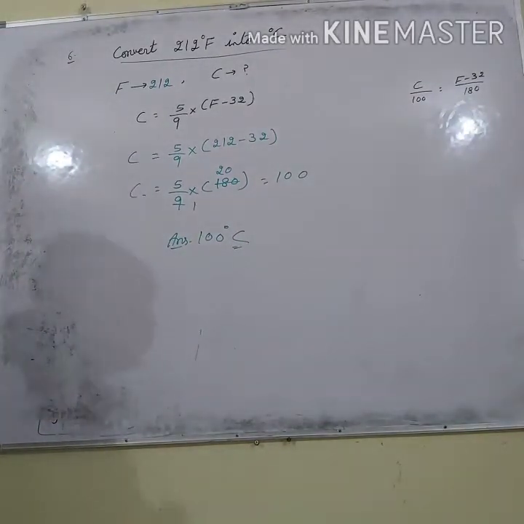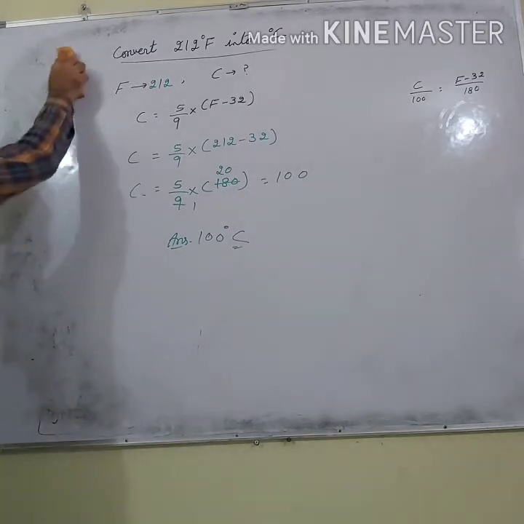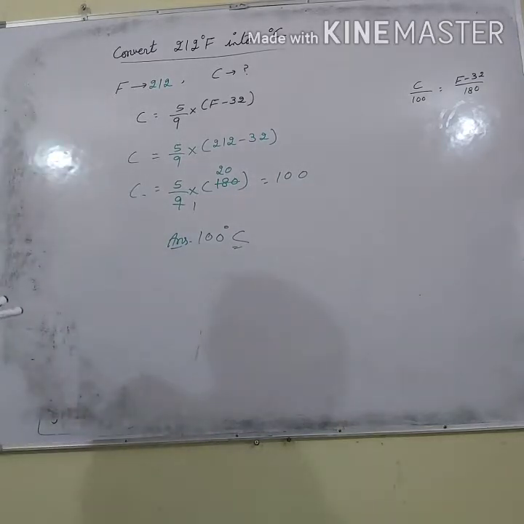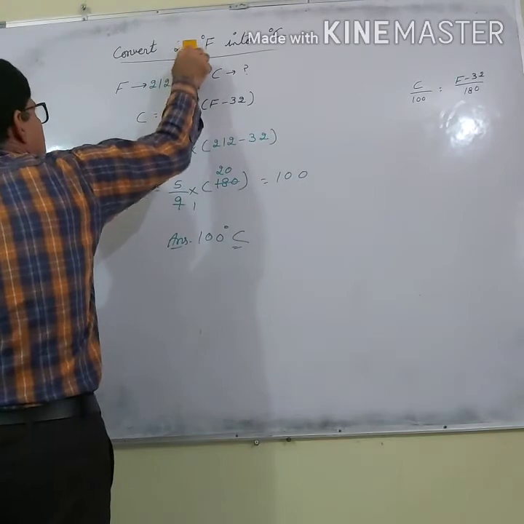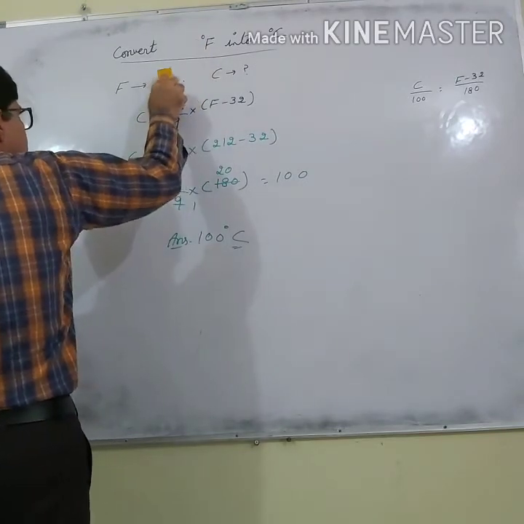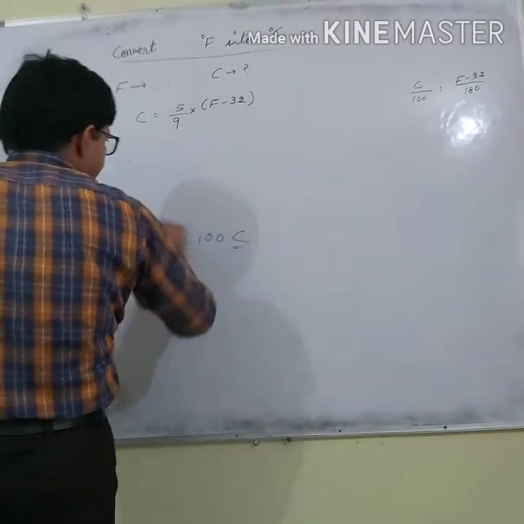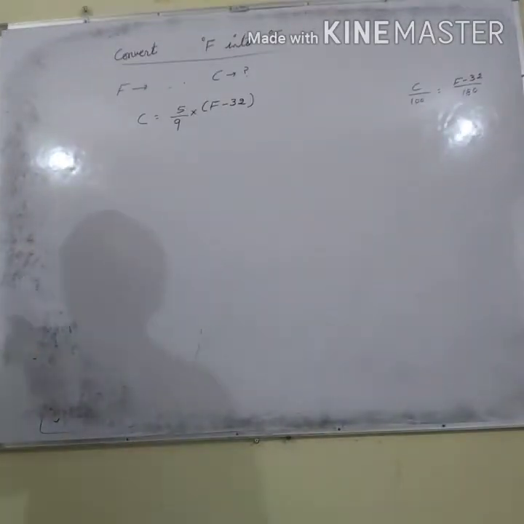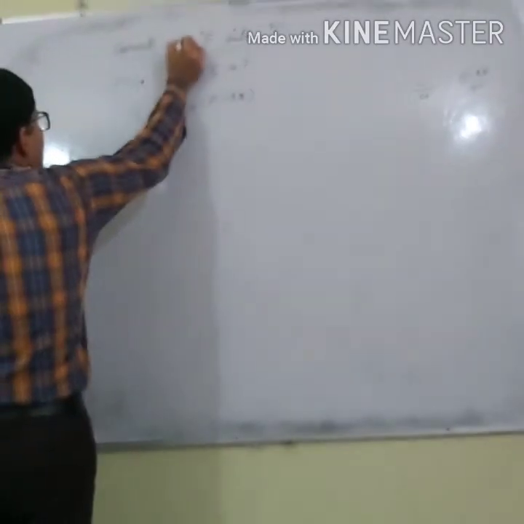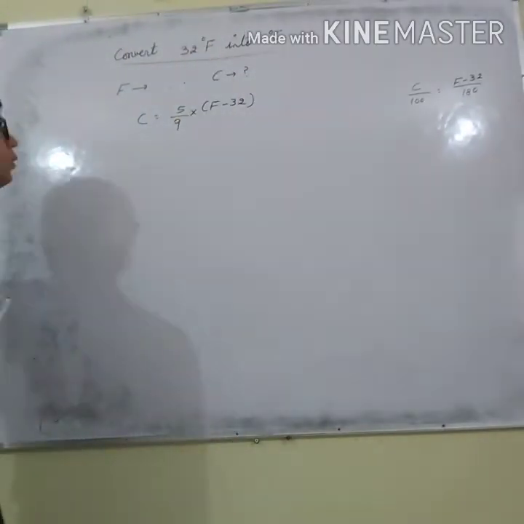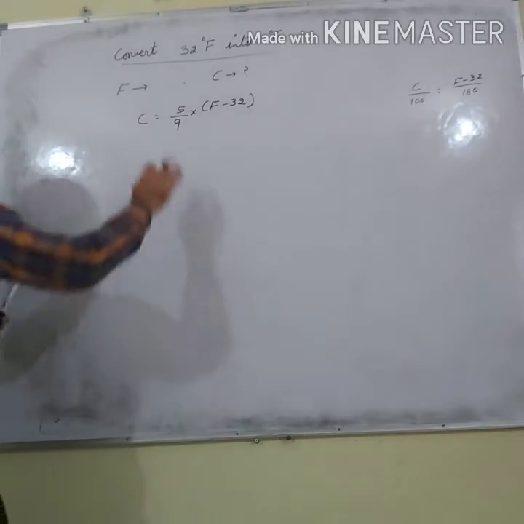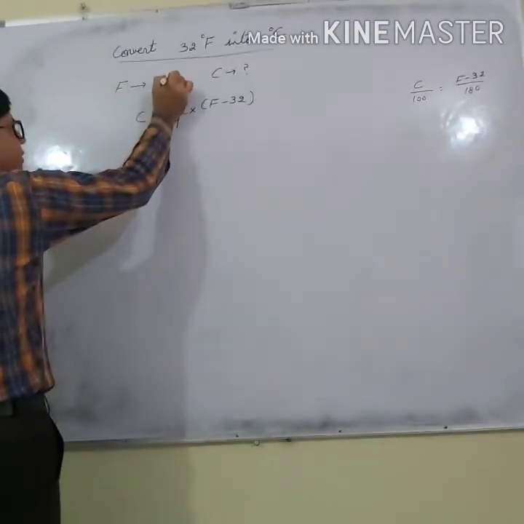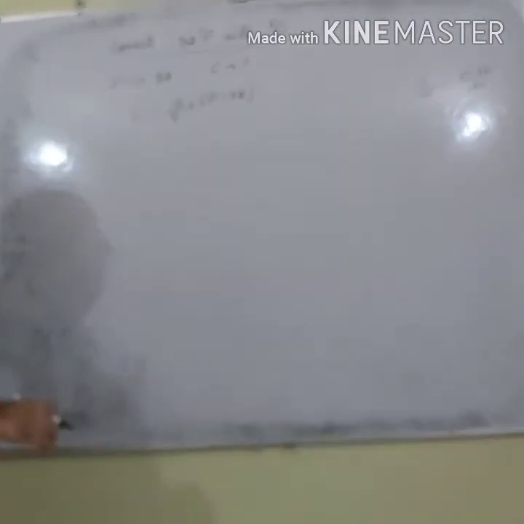Right? Now let's do one more question. What is that question? Convert 32 degree Fahrenheit into Celsius. So here F is 32.